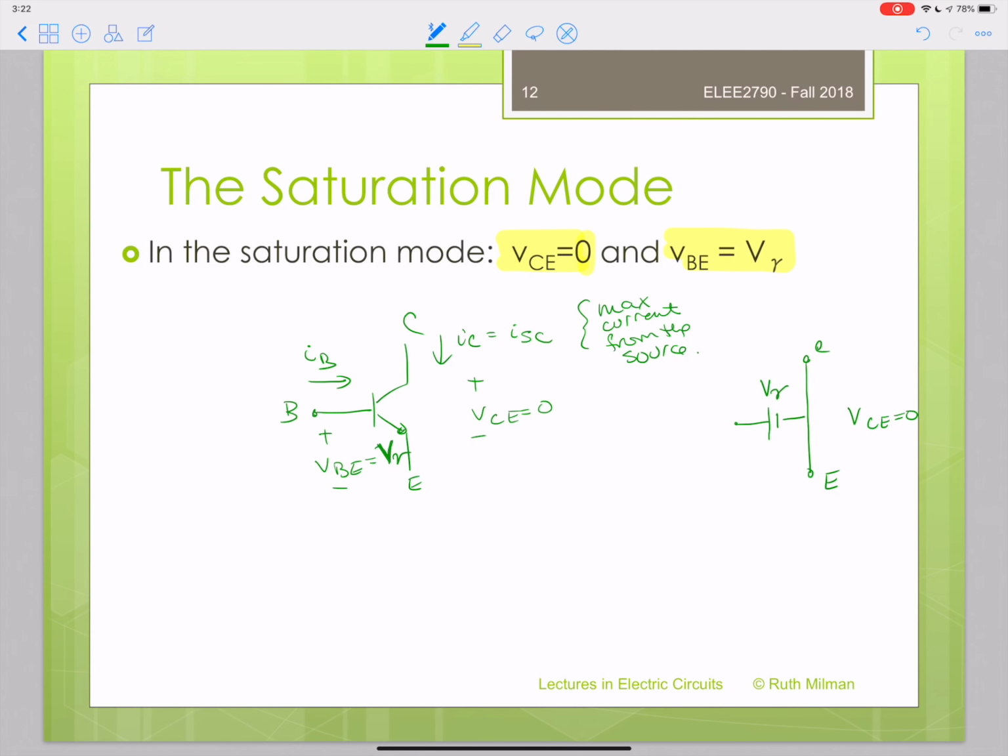The voltage across that battery is still V alpha. But in this case, we notice that we have a fixed amount of current coming through here. That current is equal to ISC. And we don't model it with a source directly because, as we'll see later, that ends up being directly modeled and forced by other components in the actual circuit.